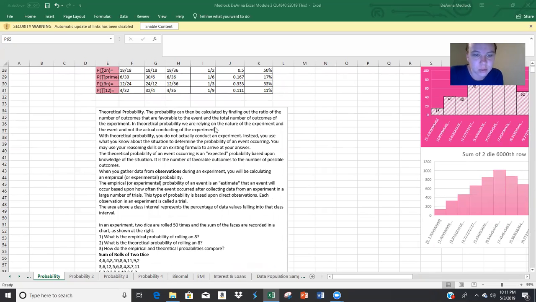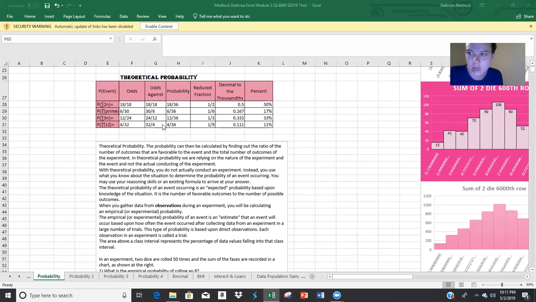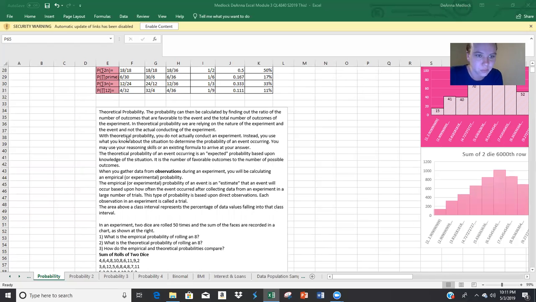In theoretical probability, we are relying on the nature of the experiment and the event and not the actual conduction of the experiment, which is how we're getting our data. With theoretical probability, you do not actually conduct the experiment. Instead, you use what you know about the situation to determine the probability of an event occurring.